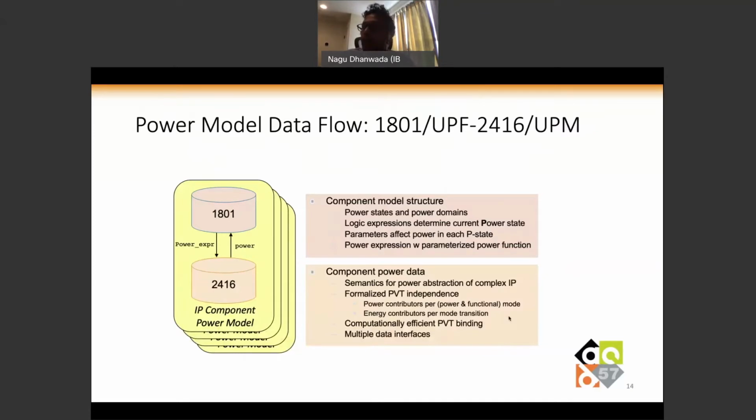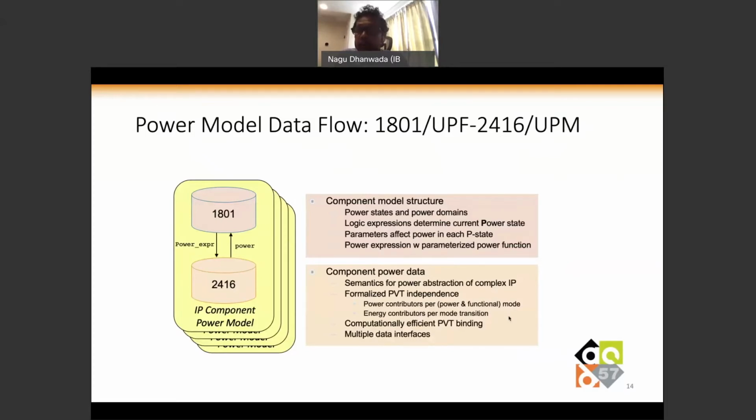So now, a little bit on how the UPM relates to UPF and the existing 1801 standards. Even though the 1801 standard added power state modeling capabilities in terms of power expressions, intentionally, the data representation for power was not addressed in that standard.